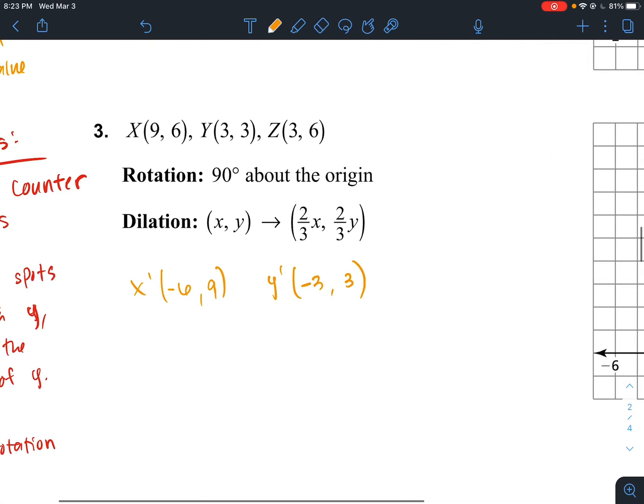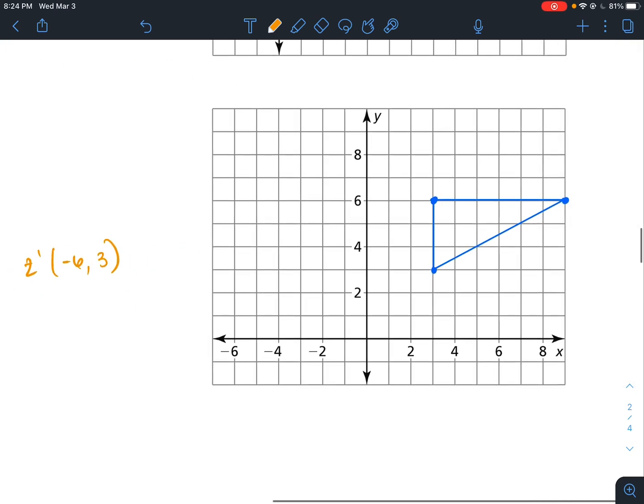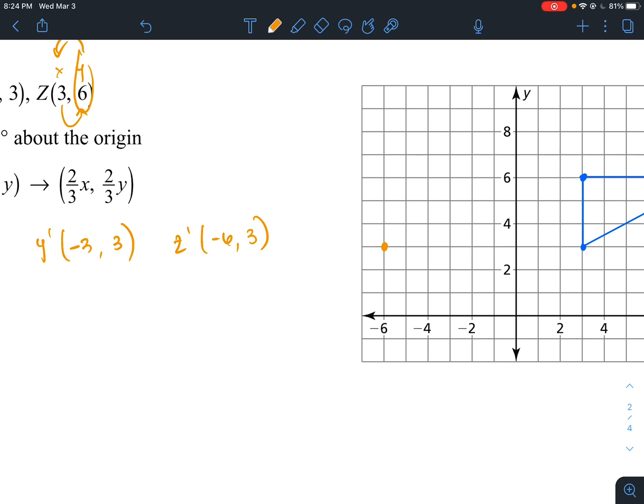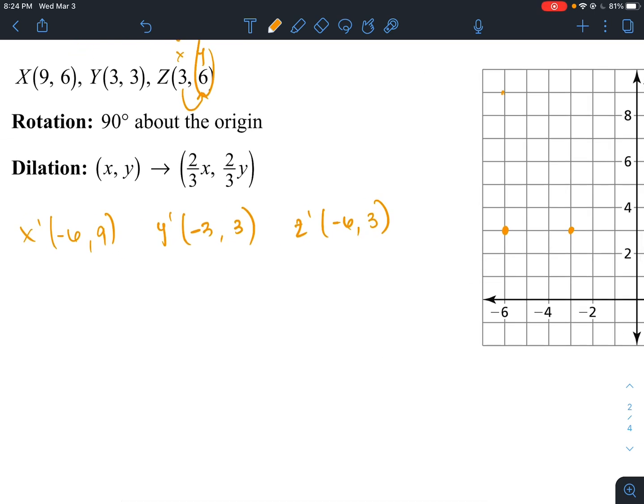And now my z prime. Here's my x and here's my y, so I need to flip this over, make it negative, and then this one needs to come over here, so negative 6 comma 3, so right there. And I don't know why I've been erasing all my other points. Negative 6 comma 9, so right there.